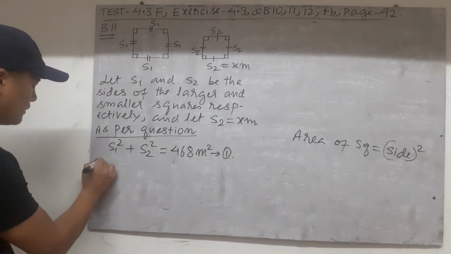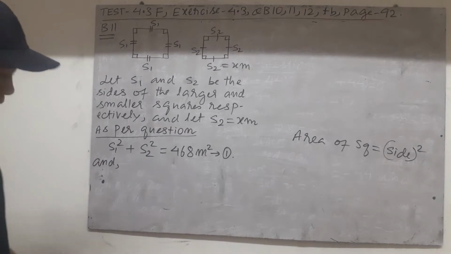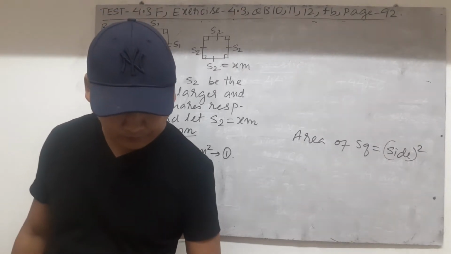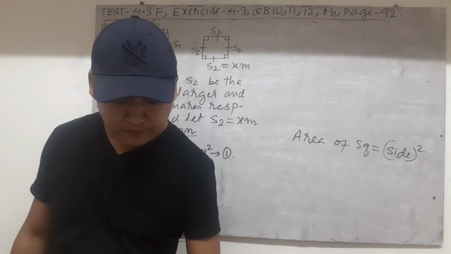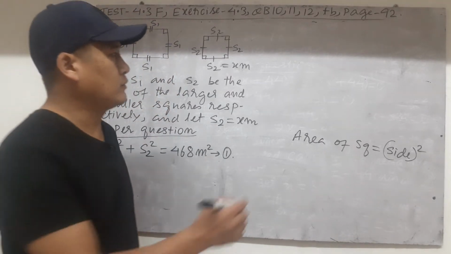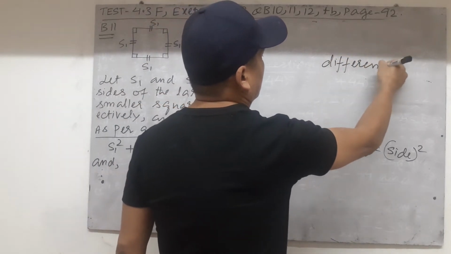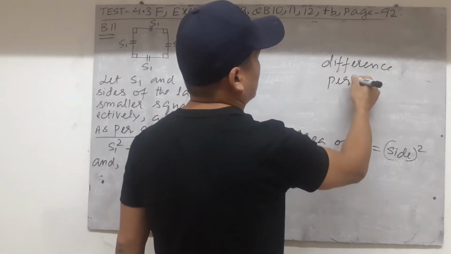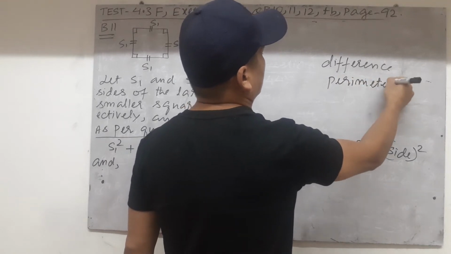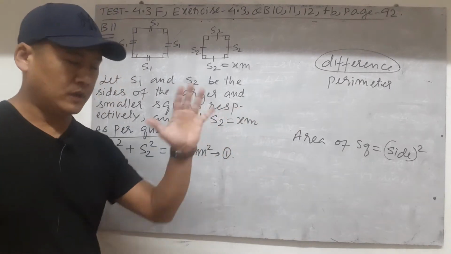And then let us go there. Second sentence. If the difference of their perimeters, so these two words you need to understand. Don't write, just listen. Difference and perimeter. What do these two words mean? Difference means always bigger minus smaller.